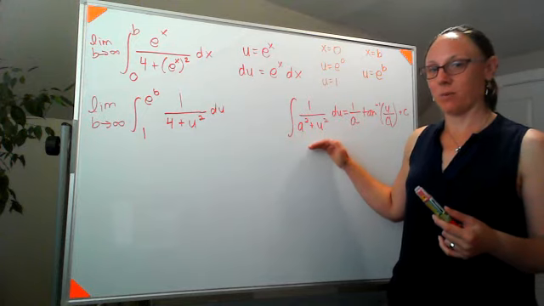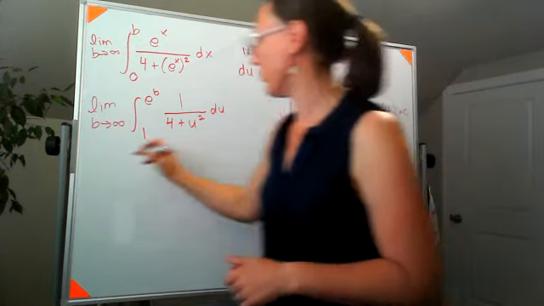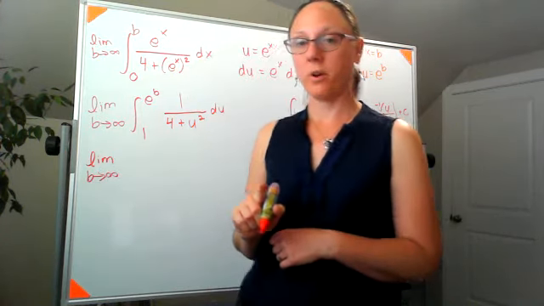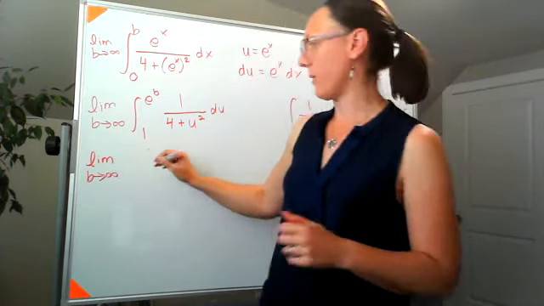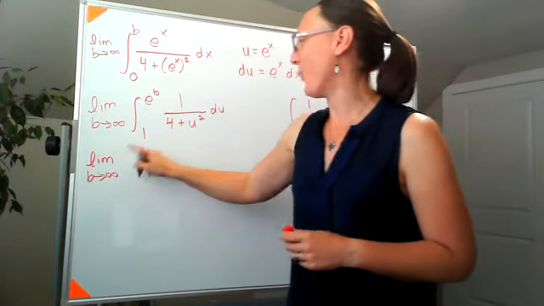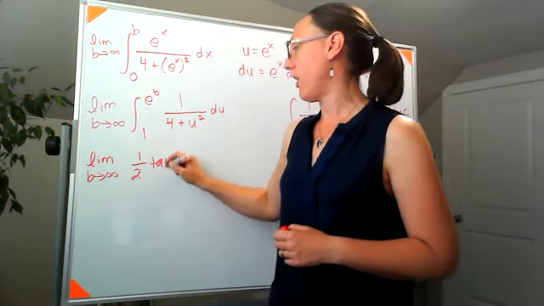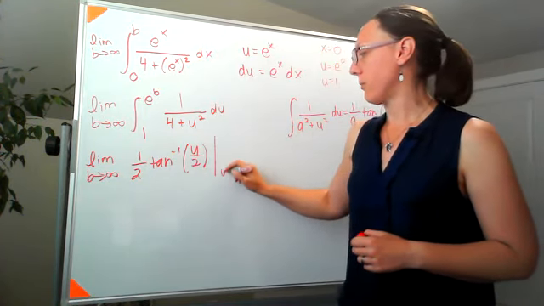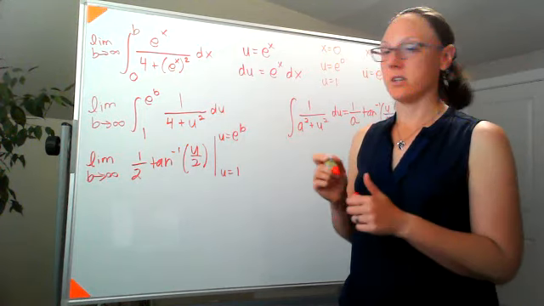If we had this formula memorized, then we could go straight from here to, oh wait, we're going to pause momentarily. And I'm going to say something about memorizing things. So we're taking that limit, we're going to get 1 over 2 arctan of u over 2 from u equals 1 to u equals e to the b.